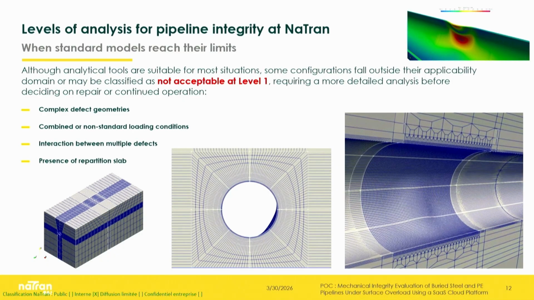Some of the overload configurations, some of these defects, are outside the applicability of these level 1 calculations, or they are simply not acceptable using these standards applications. And this is where we use the finite element analysis to do more detailed analysis. As we can see, there are a lot of configurations where we have a repartition slab between the soil surface and the pipeline, and we don't have level 1 tools that can make those calculations.